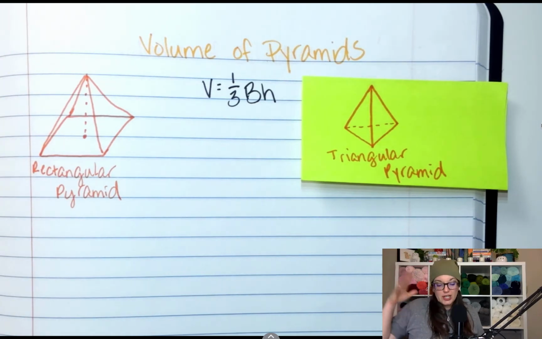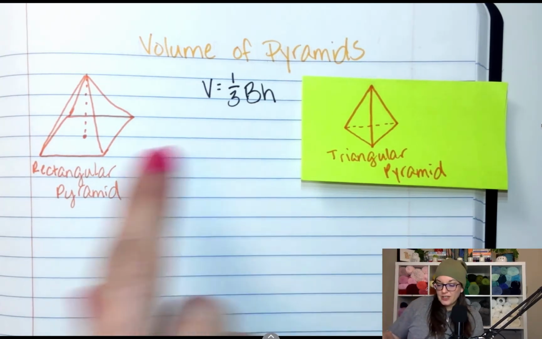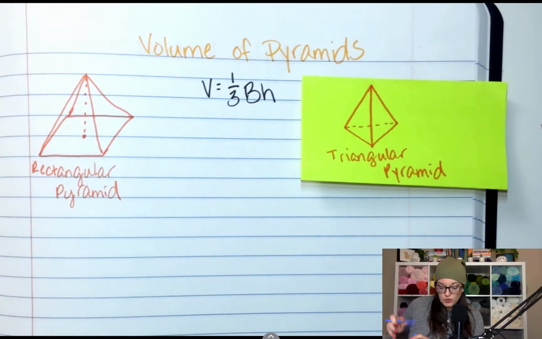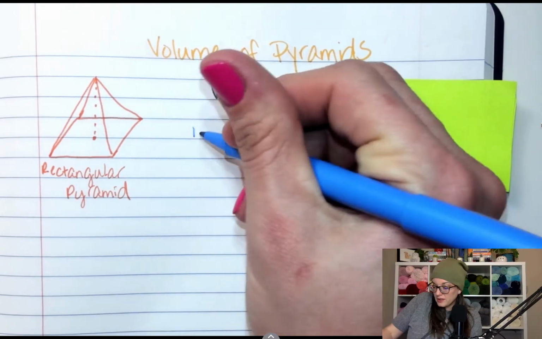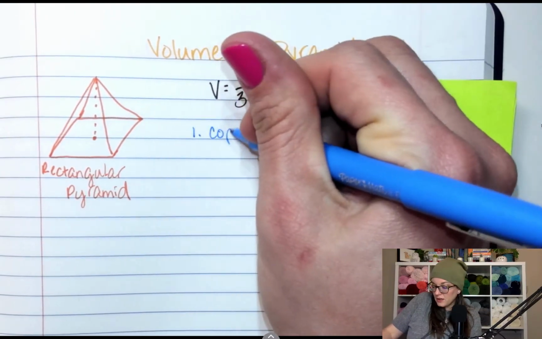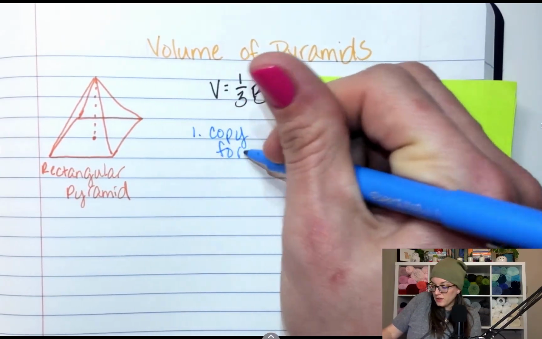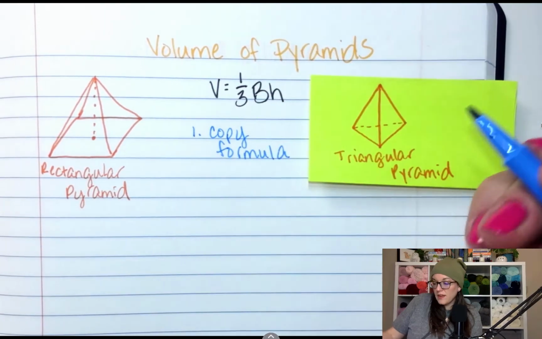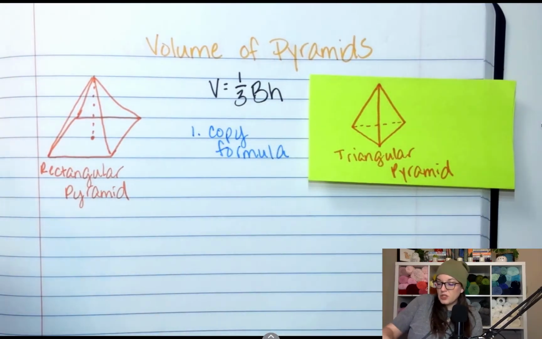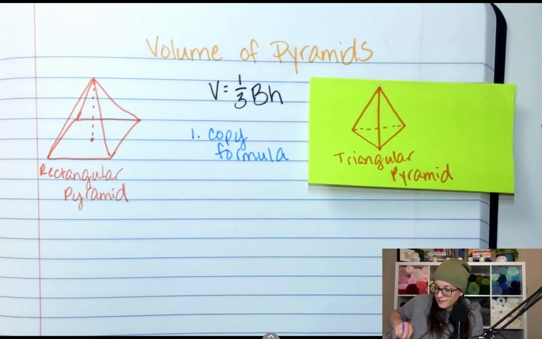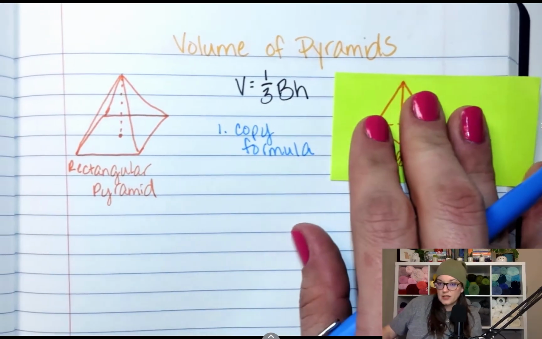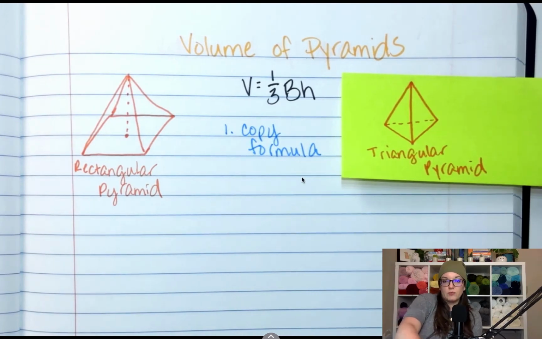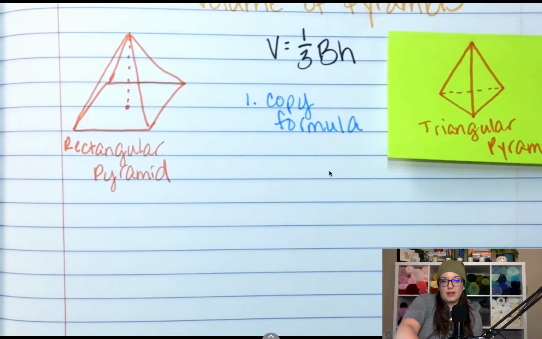So just like with my last one, my first step is going to be to copy the formula. So step 1, copy formula. And then step 2, well, okay, so we're going to work this one out first. Let's zoom out of the picture for that one.